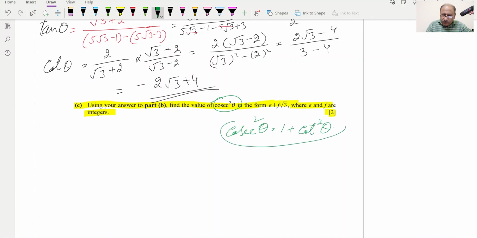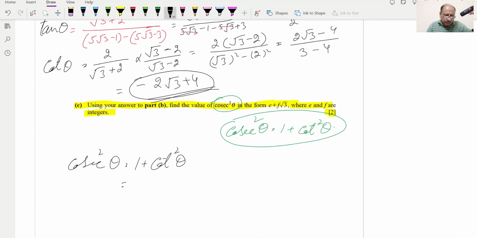This is the formula which we will be applying, and we can write it as cosecant square theta is equal to 1 plus cotangent square theta, and cotangent square theta we calculated in the previous part, which is B part over here, so we can replace the value.